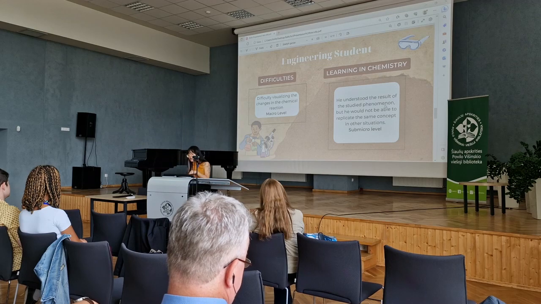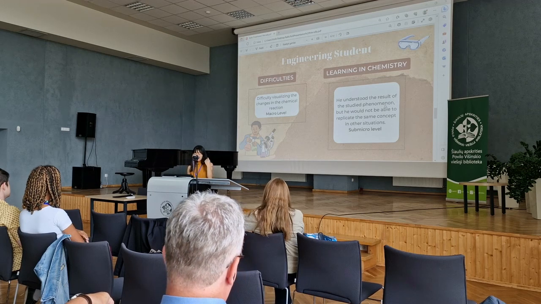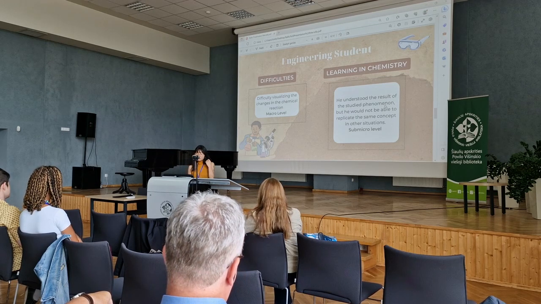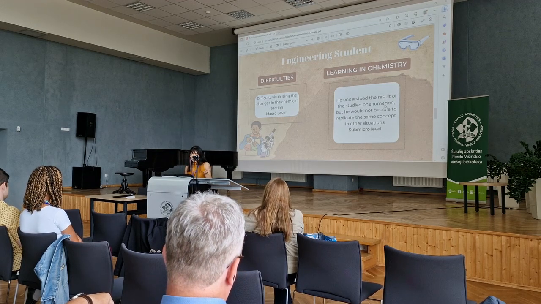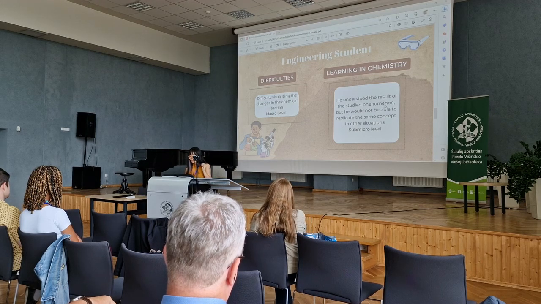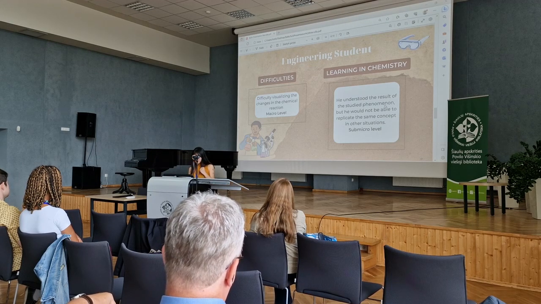On the other hand, the engineering student had difficulties related to the submicro level. He reported difficulty in seeing the changes in the chemical reaction, and about learning chemistry, he understood the result of the phenomenon, but he would not be able to replicate the same concepts in other situations.